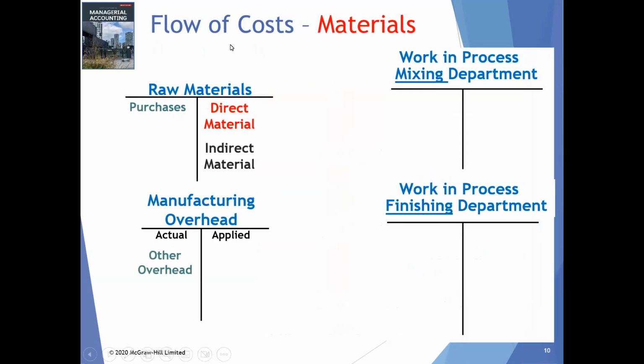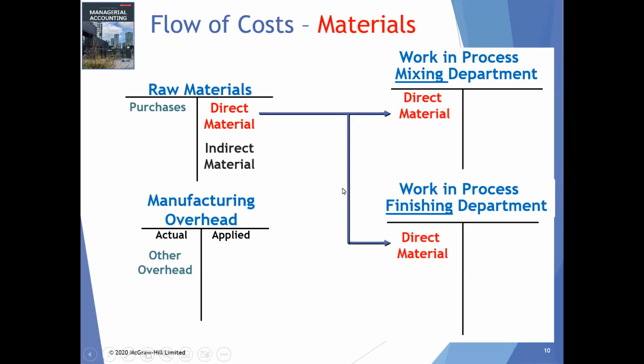Now look at this, the flow of cost. If you talk about the material, we have purchased some material here, raw material is there, manufacturing overhead is there, right? So if we have raw material here, we have direct material or indirect material, and work in progress for the first department, work in progress for the second department. Now what we are going to do, see, the direct material we have will be shifted to the mixing department first, and also to the finishing department, right?